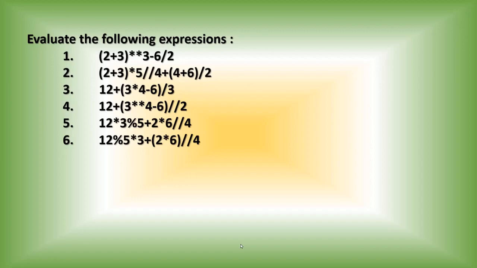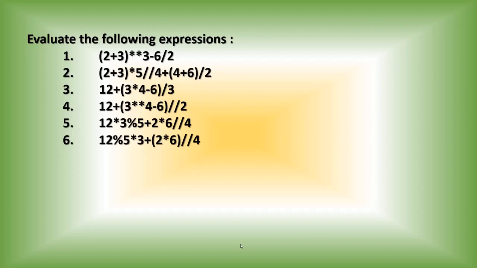See that, the first expression I will evaluate now. 2 plus 3 inside the bracket, into, exponentiation, that is raised to 3, minus 6 by 2. In this expression, which will be done first? Yes, bracket will be done first. So you will do 2 plus 3 first.